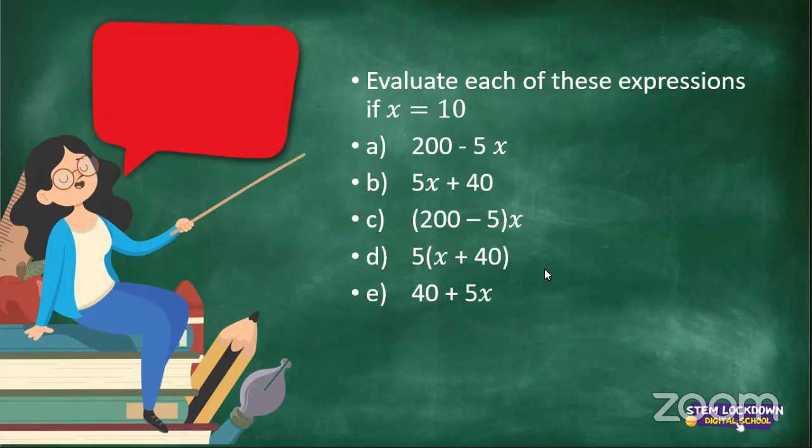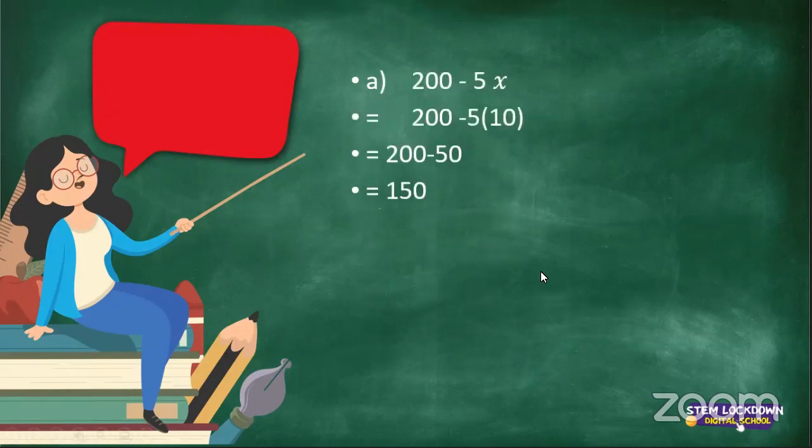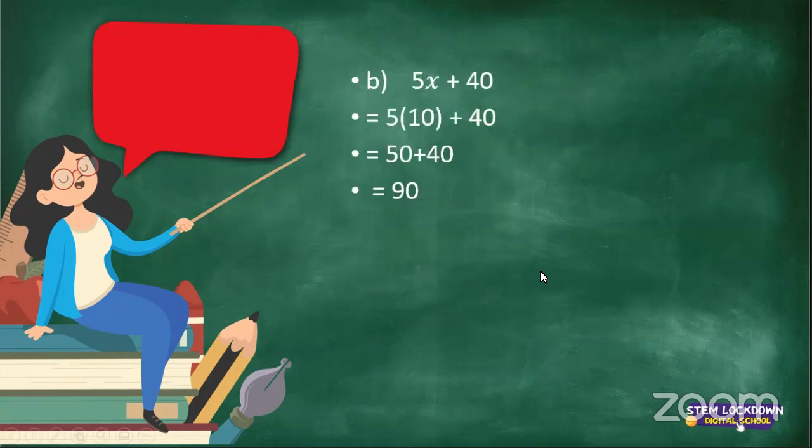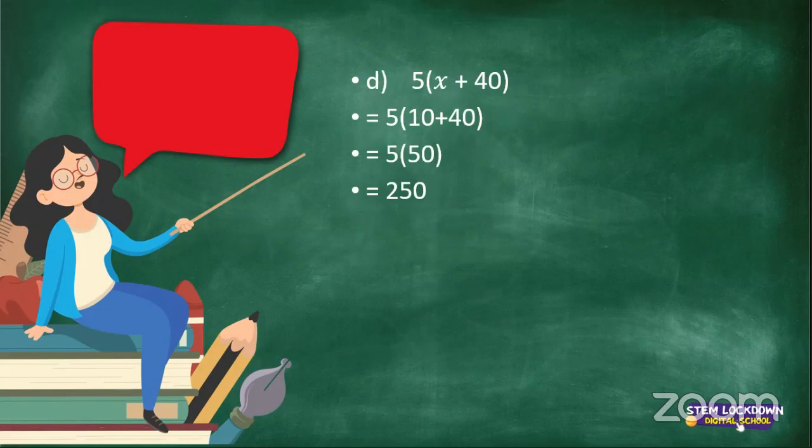Exactly. So basically, that's what you do with D. You have your bracket there, and if x is 10, then you substitute 10 there. 10 plus 40 is 50, and then you multiply by 5 to get 250.